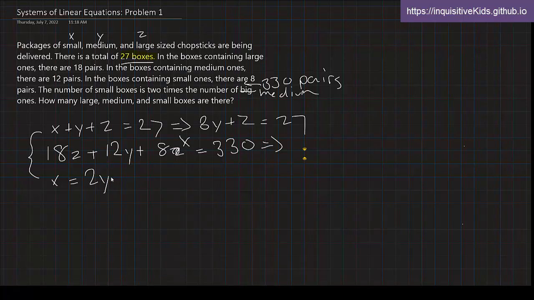We multiply that by 2. So 16x, now that's 16y. 16y plus 20 plus 12y is equal to 28y plus 18z, and we get 330.